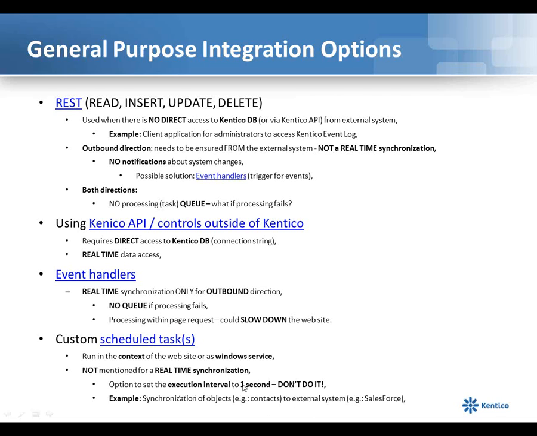I believe it's once per day or once per hour, because Salesforce itself limits the amount of queries that you can perform to that system. So that's why we cannot do real-time synchronization of the contacts. There are some limitations of Salesforce, so we decided to do it with a custom scheduled task in the system.